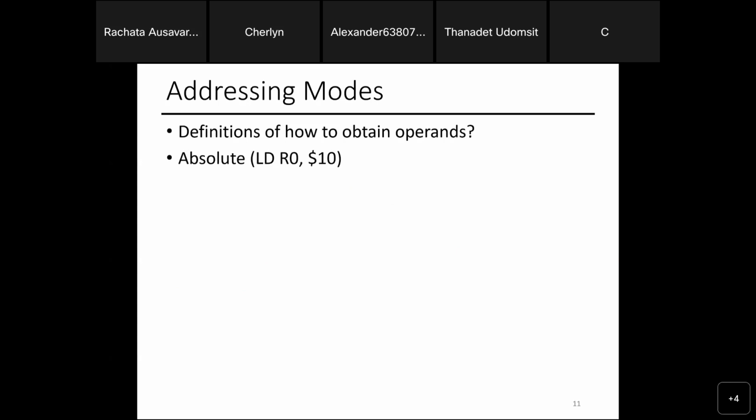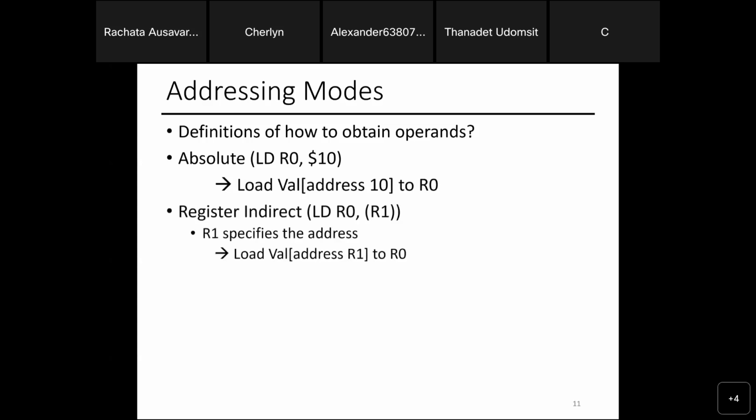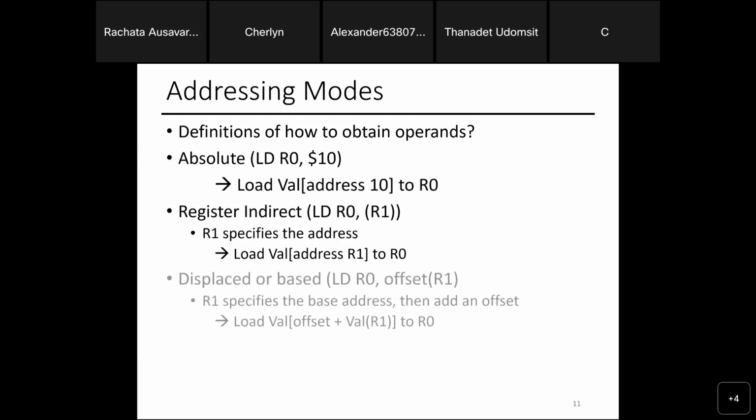I want to make it simpler, but here I can do absolute mode. Absolute means that I want to go to this particular address as an absolute value. I can do register indirect, which means that I treat R1 as an address and I go there. I can do displacement, which means I do R1 plus some number.